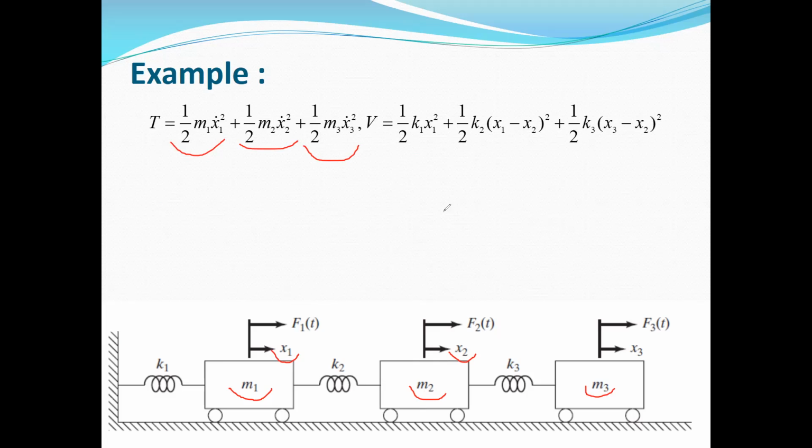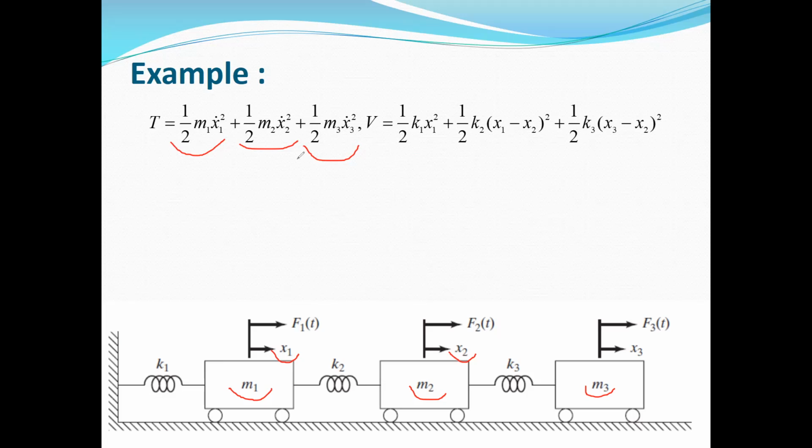Also, we will have the potential energy. In this system, because the masses remain at the same level in the vertical position, there is no gravitational potential energy in V, and we only have the potential energy stored in the springs.